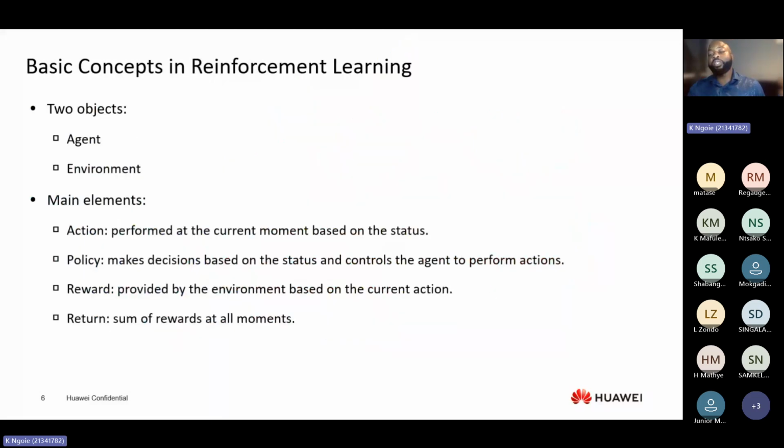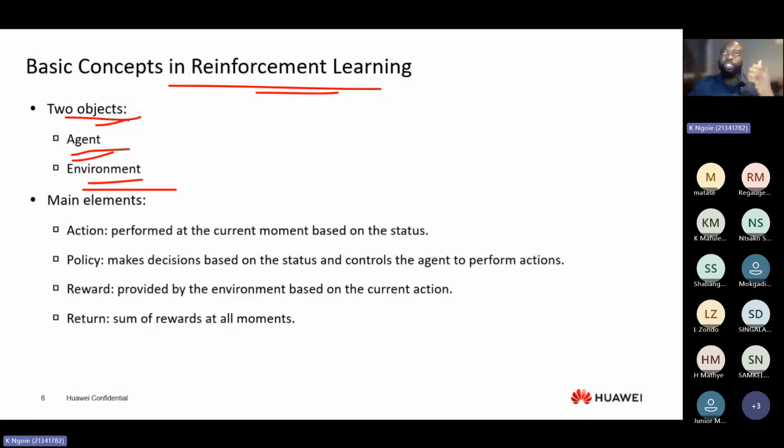It also depends on the type of data we're trained on. So when we're creating a reinforcement learning algorithm, we will look at two objects, the agent and the environment. All right. So we look at the agent and we look at the environment. And the agent is actually what we call the learner.